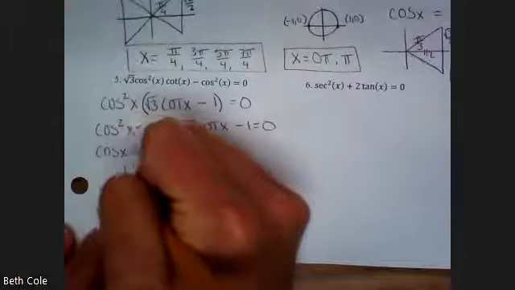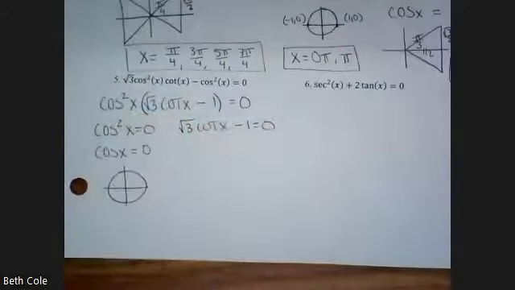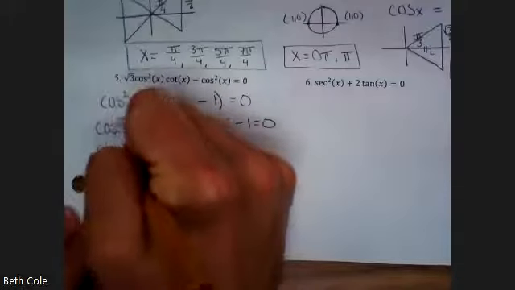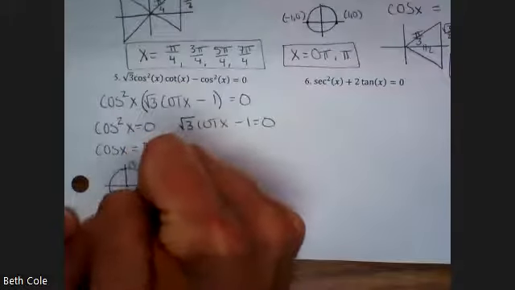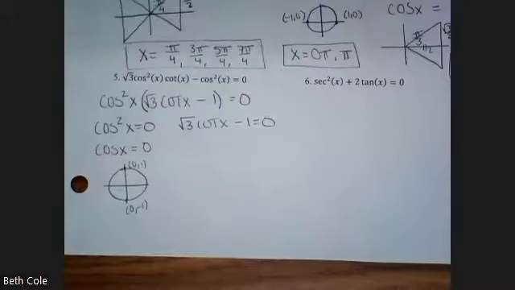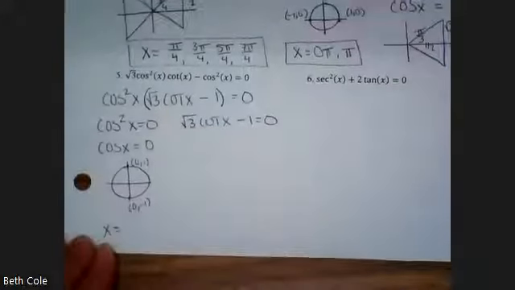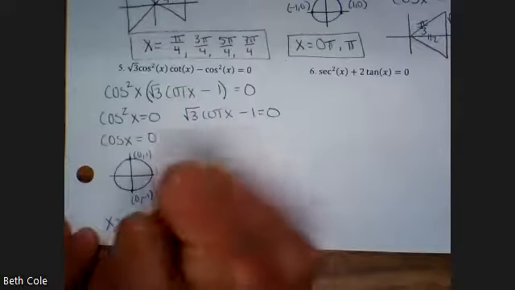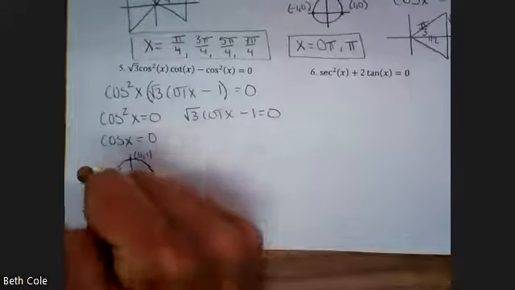And again, that's not going to create a triangle, it'll be a circle. Cosine is the x value. So where is the x value 0? Using words like up, down, left, right. Up and down. And so those 2 answers would be what? Pi/2 is the first one, good. 3 pi/2, awesome.